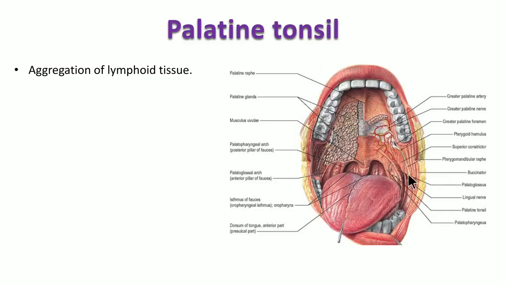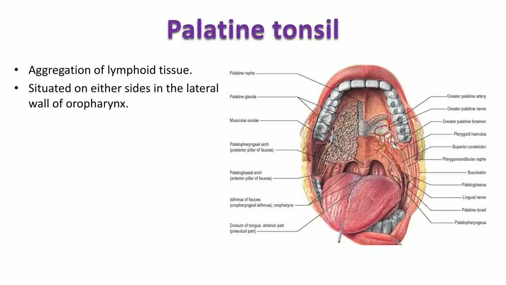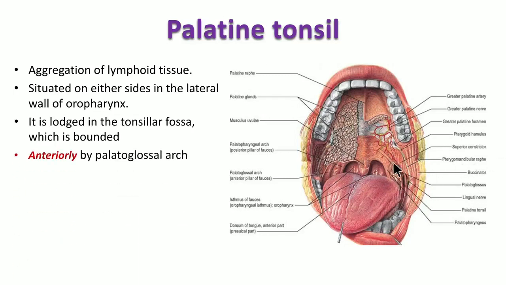These tonsils are covered by a capsule. It is situated on the lateral wall of the oropharynx in the tonsillar fossa. The tonsillar fossa is bounded in front by the palatoglossal arch, the mucous fold with the palatoglossus muscle deep to it, and posteriorly by the palatopharyngeal arch.